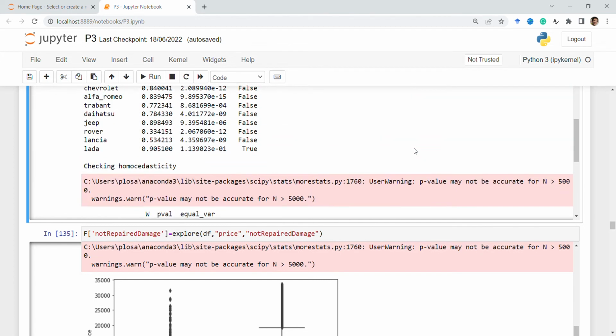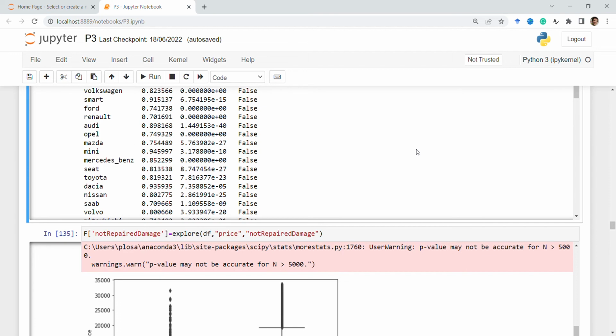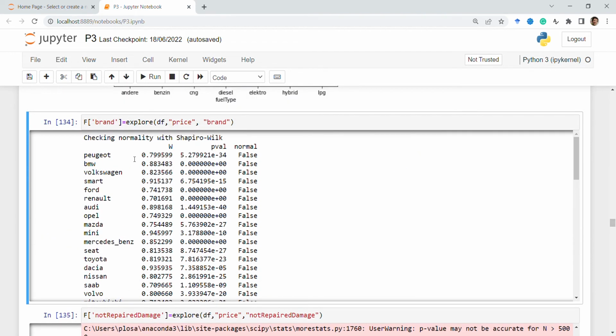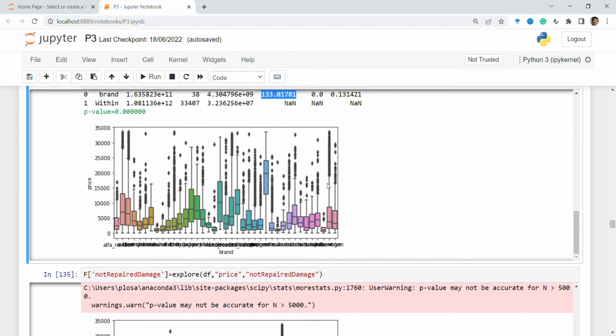And yeah, so here we have this, checking normality. We don't have the average prices per brand.